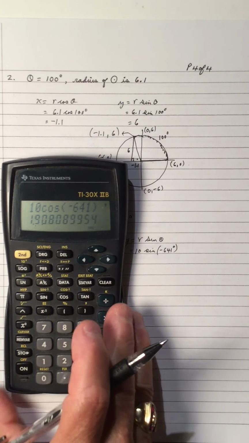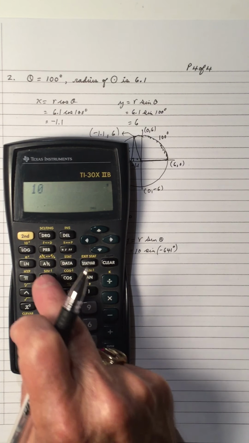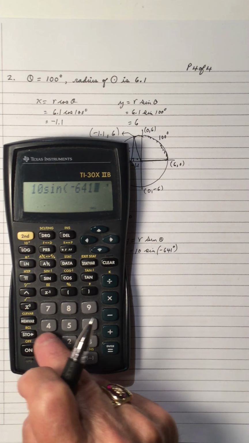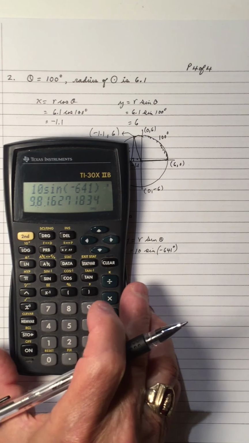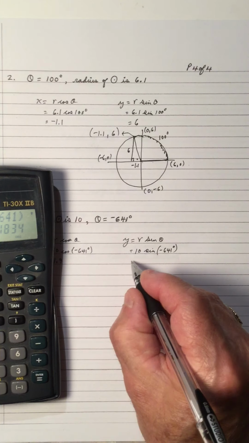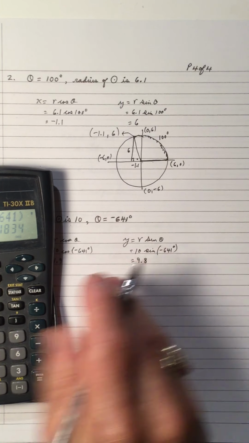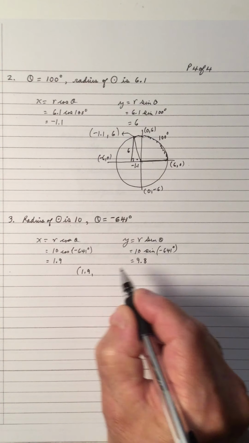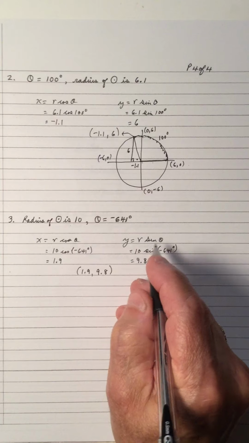And 10 sine negative 641 ends up to be 9.8. So the coordinates of the point are 1.9 for the x and 9.8 for the y.